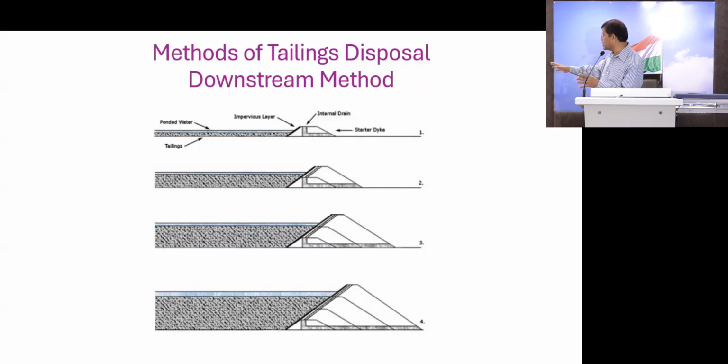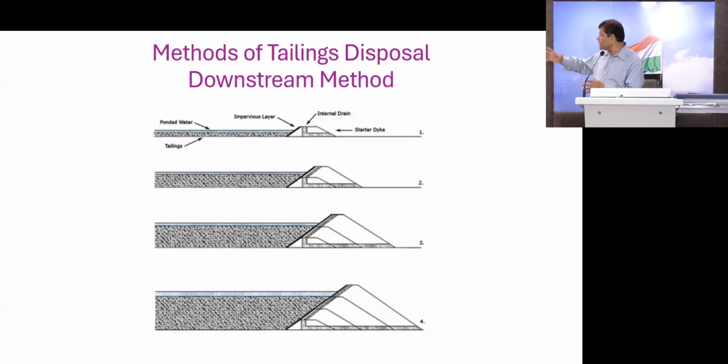Here you can see that when you go to number 4, the dam is almost 10 times higher than the actual starter dam. And in the downstream method, we are not using any tailings material here. It is all what we use for the starter dam.